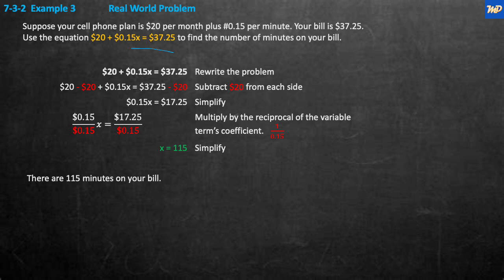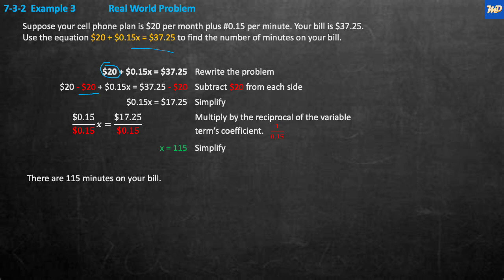undo our addition and subtraction. We're going to get rid of this $20 and move it to the other side. So we're going to subtract $20 from both sides. So 20 minus 20, plus $0.15 times x, the number of minutes, because that's what it says, 15 cents per minute, is equal to $37.25 minus $20.